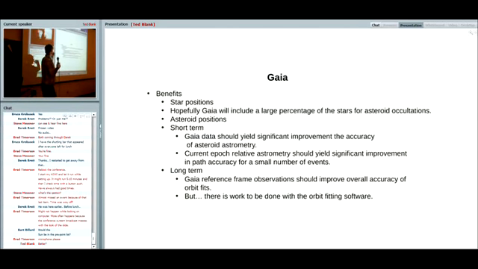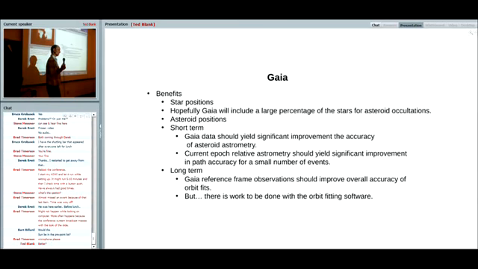Right, so I'll talk a little bit about this. Gaia will eventually also add asteroid positions. It'll be interesting to see how that unfolds. We might get some of those early on. Short term, Gaia is going to help with asteroid astrometry because the Gaia reference frame will be very useful, very deep, very dense. So when you're taking pictures with things like the 61-inch astrometric telescope at Flagstaff and some of those, we'll be able to get good relative astrometry, actually good Gaia-based astrometry.